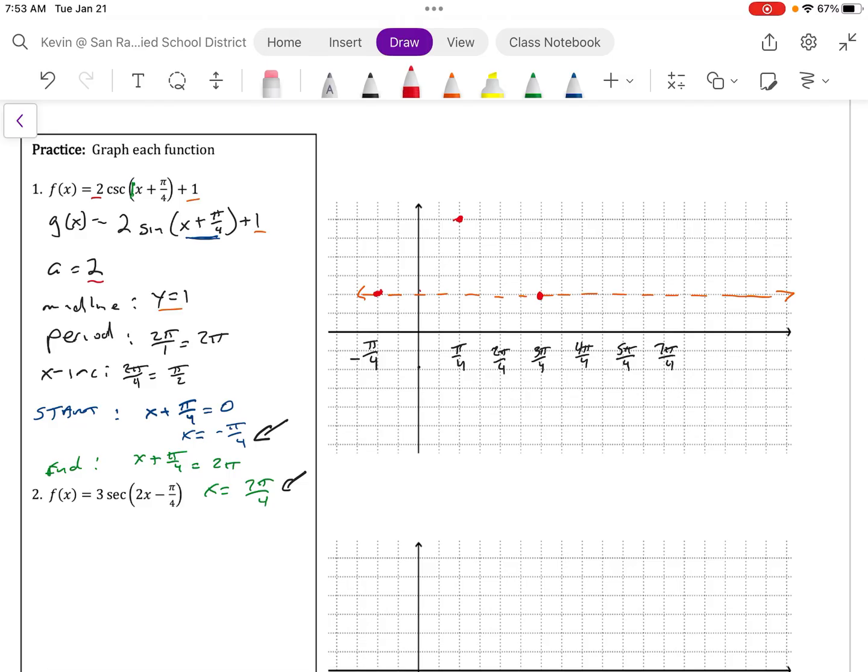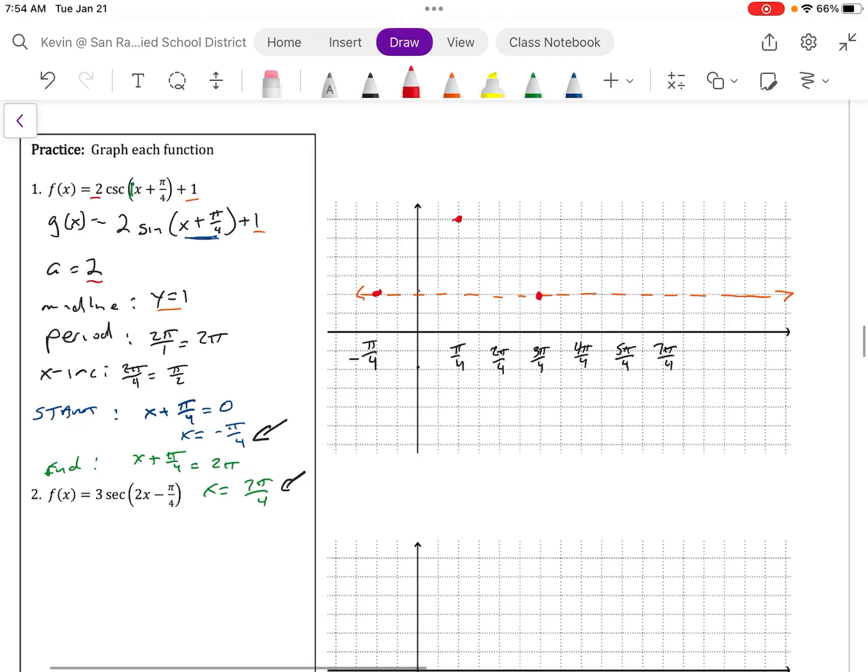Then my midline, and then down here at 5 pi over 4, let's see, where did I go up? I went up 2 because my amplitude was 2. That's right, this distance here is 2 because that's what my amplitude is.